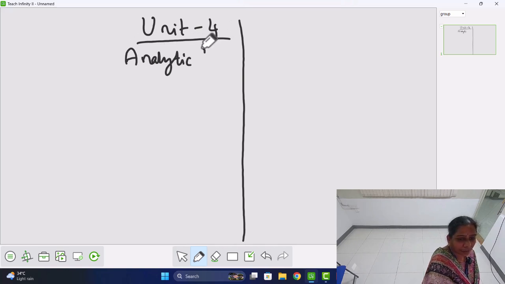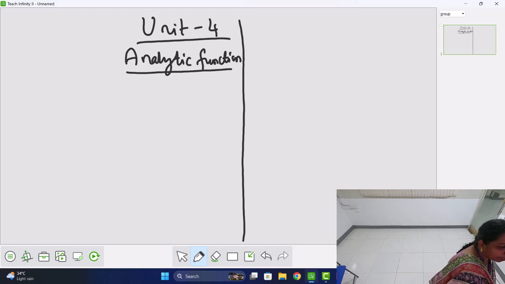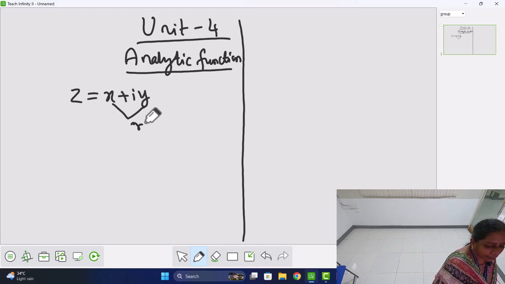Analytic function. First and foremost, you must know what we mean by a complex variable. To understand analytic functions, and complex integration in Unit 5, the basic thing you must know is the complex variable z equal to x plus iy, where x and y are real.